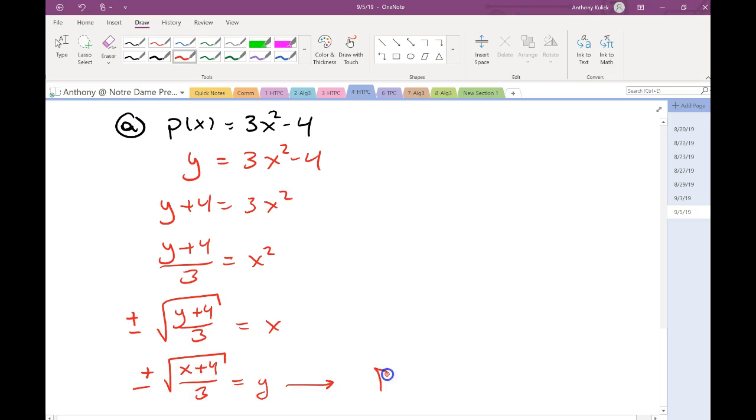So we can say that p inverse of x is plus or minus the square root of x plus 4 over 3.